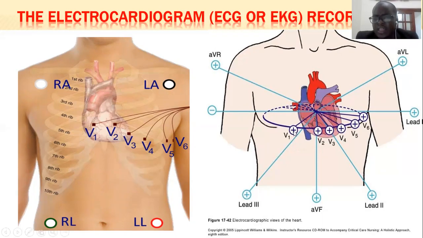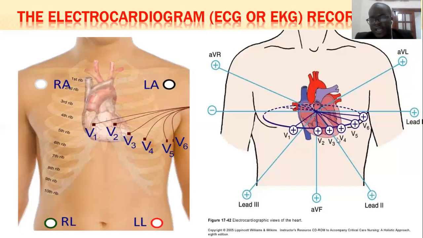Then the chest leads, we said you put them on the fourth intercostal space for V1, V2. So V1 on the right side of the sternum, V2 on the left side of the sternum. Then you go to the fifth intercostal space where you put your V3, V4, V5, and V6.